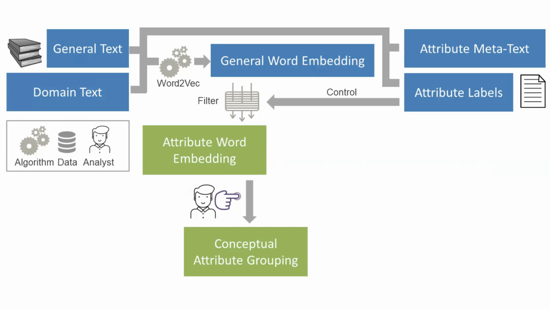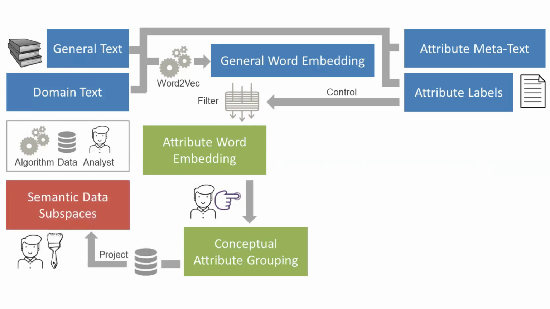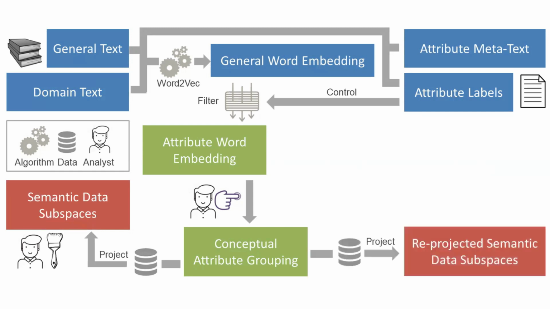And then once you have this grouping, you can take the data and project it into one of these groups. So that creates a semantic data subspace. And you can brush that now. You can highlight certain substructures that you like, and then take this and project into another semantic data subspace to figure out how these structures behave in another theme or another semantics.